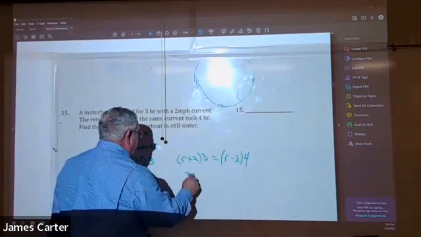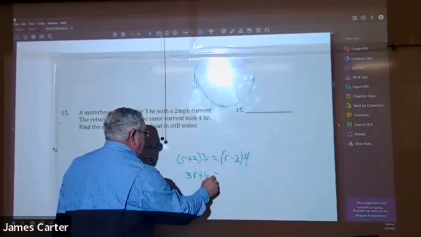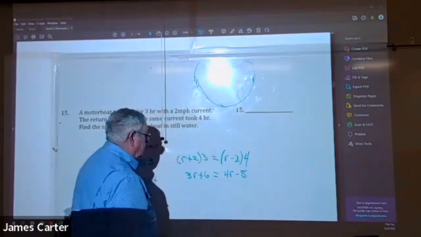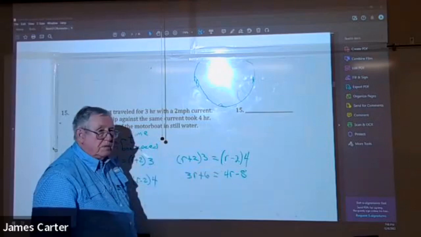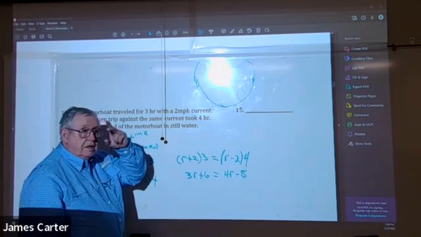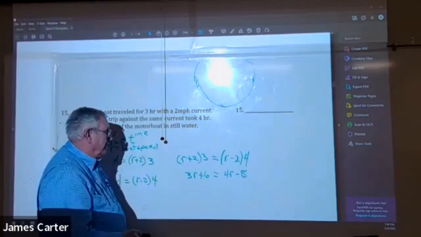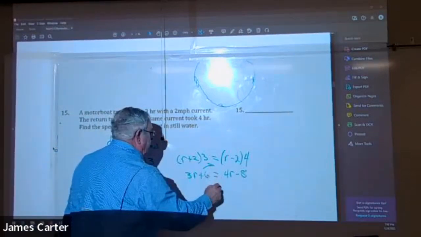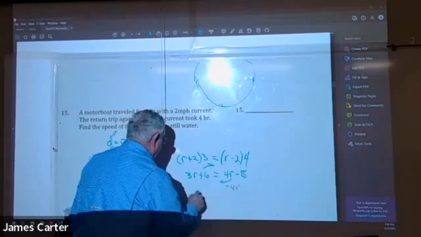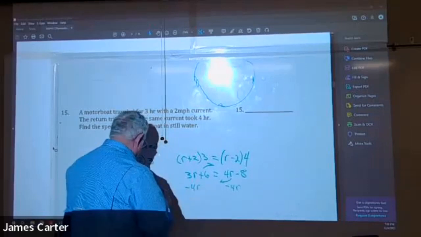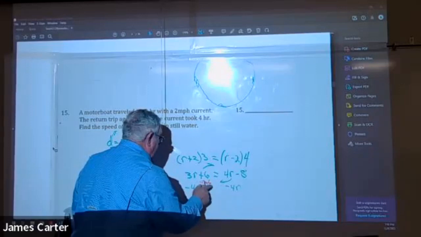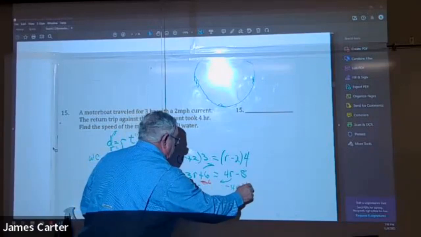Well, this gives me 3R plus 6 equals 4R minus 8. Those are problems like we did the first week, like we did with my equation chain. So we're going to take minus 4R, minus 4R, and then over here, minus 6 and minus 6.